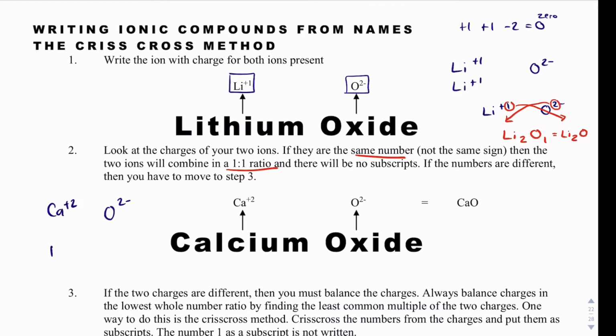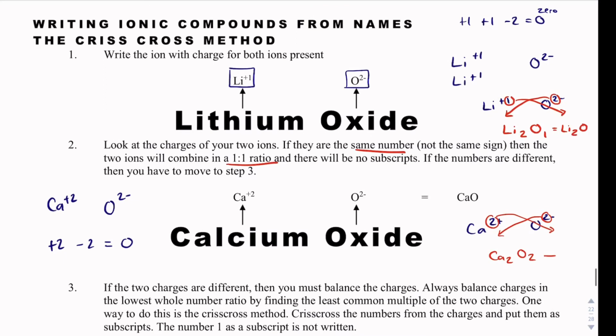Plus 2 minus 2 adds up to 0, so they cancel. So you can crisscross these and say Ca plus 2, O2 minus. We take this 2 and put it with calcium, so we get Ca2. We take this 2 from calcium and put it with oxygen, so we're crisscrossing them. We get O2. Those reduce to become CaO.